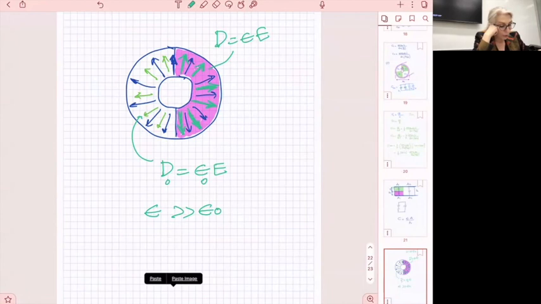I just want to tell you, inside the pink area, the flux density is very strong because of epsilon, much, much stronger than the other area. Not the electric field, the flux density.